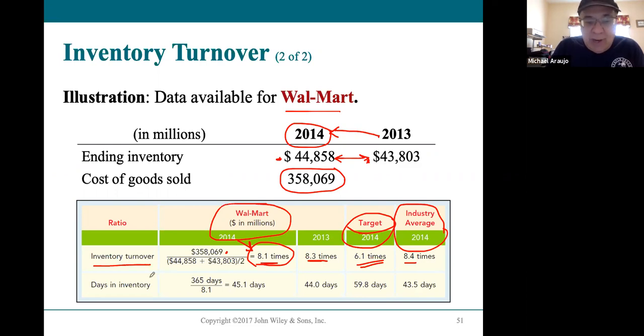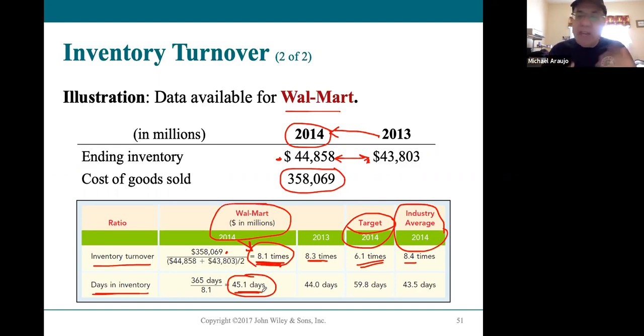Now that you have that ratio, stick that number under 365 to get the number of days. And so for 2014, back at Walmart, if you had 8.1 times per year for inventory turnover, and you divided 365 days by it, that means Walmart sells out their store in 45 days and restocks.